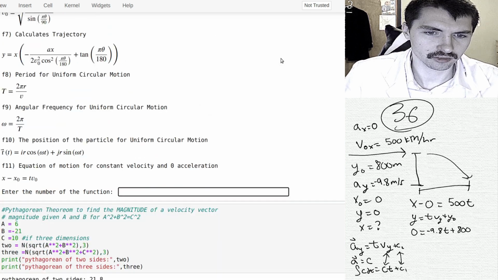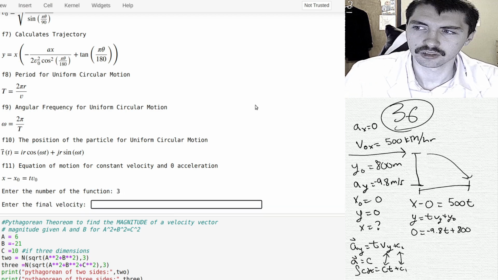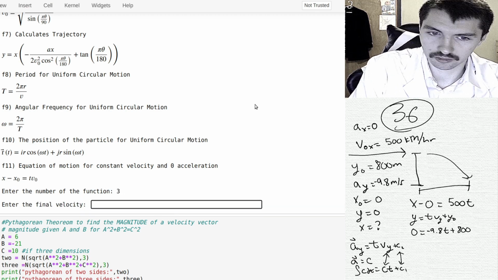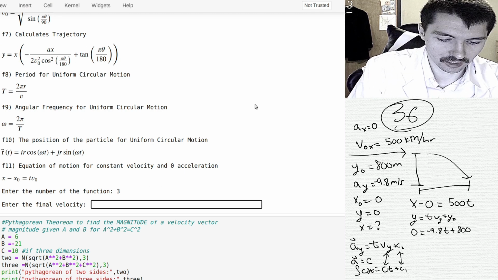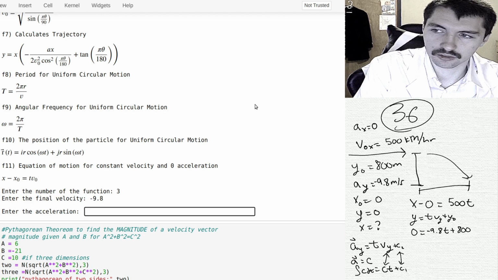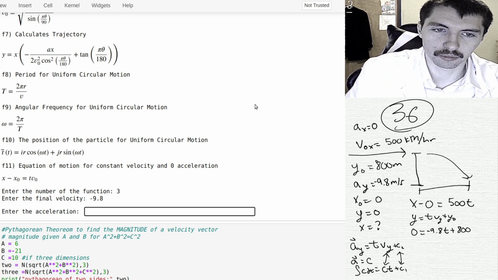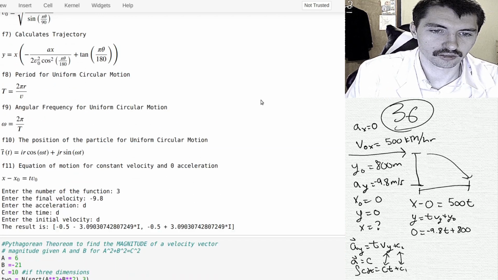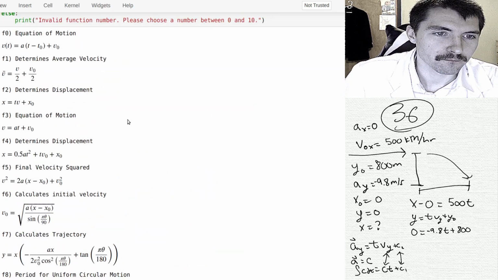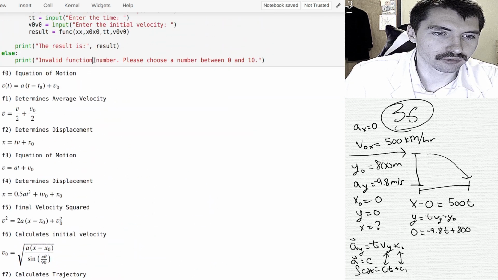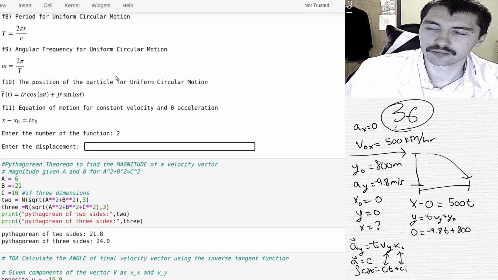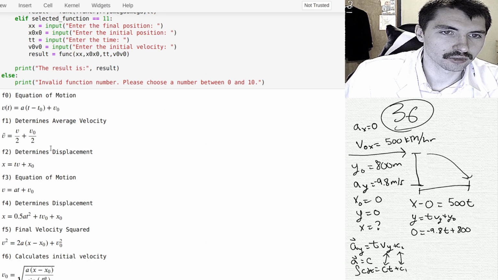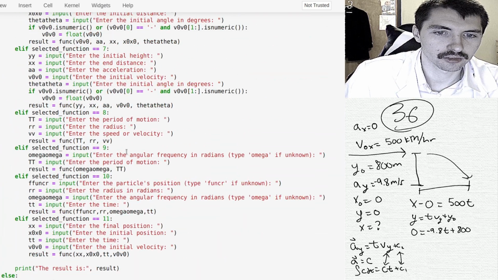Equation 3. Final velocity is 9.8. Okay, what am I doing? I don't think this is what I wanted. We wanted F2.